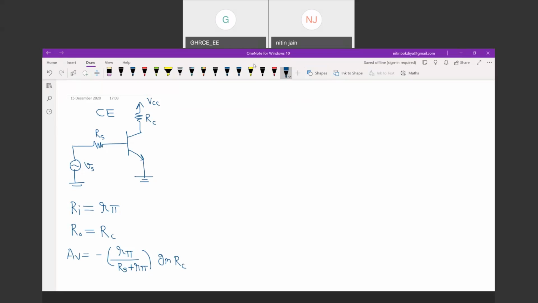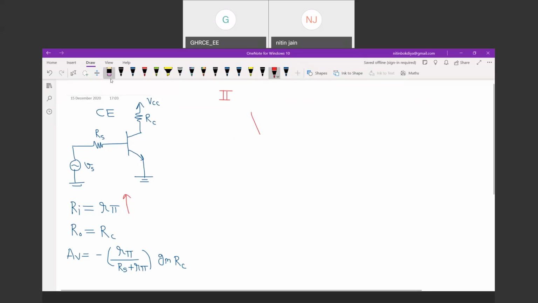सो लेट्स स्टार्ट विद द कॉमन इमीटर विद इमीटर रेजिस्टर. And what is our intention, what we expect from a voltage amplifier? We want, at least we want input resistance to be as high as possible, है ना. So this is our requirement. So what I can say, okay, let's start.